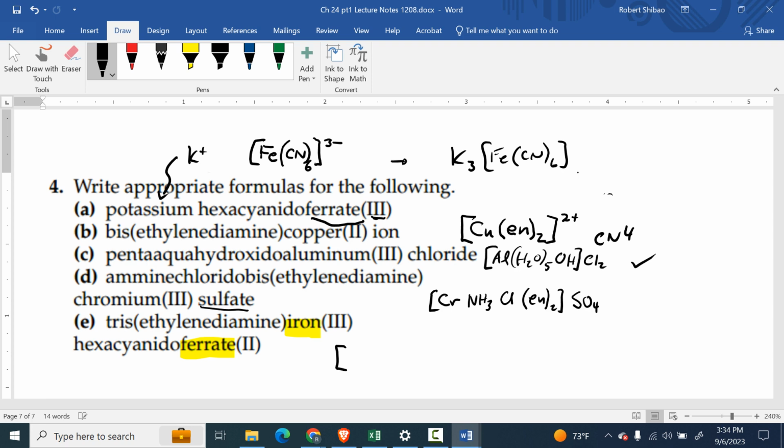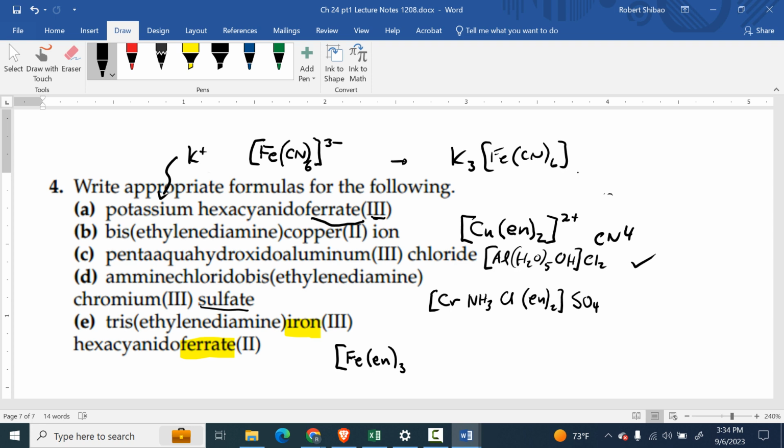It's a complex, so we're going to do square bracket. And then iron comes first, which is Fe, followed by the ligands. And in this case, I have tris ethylene diamine, which means how many ethylene diamines? 3. What's the coordination number of iron in this complex?